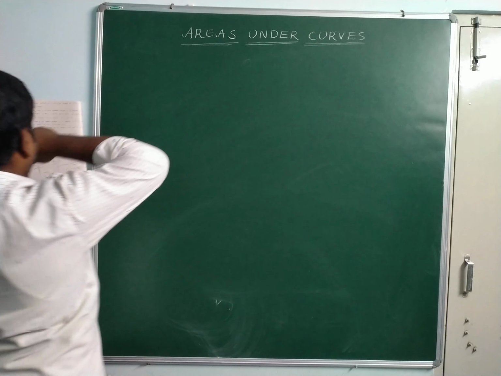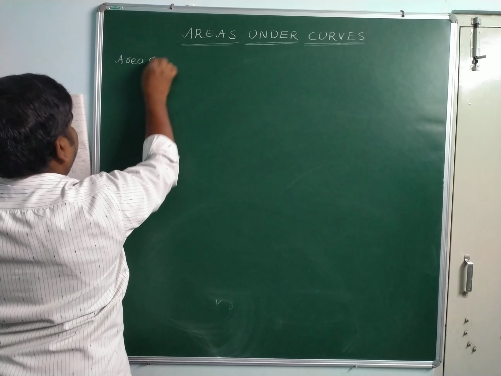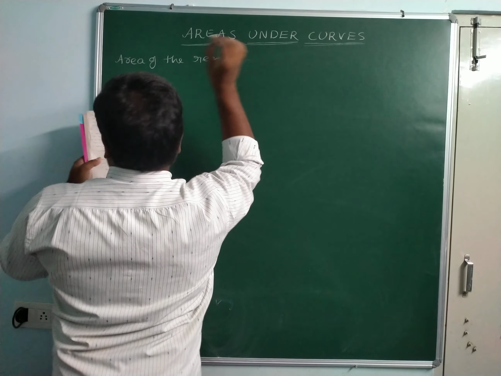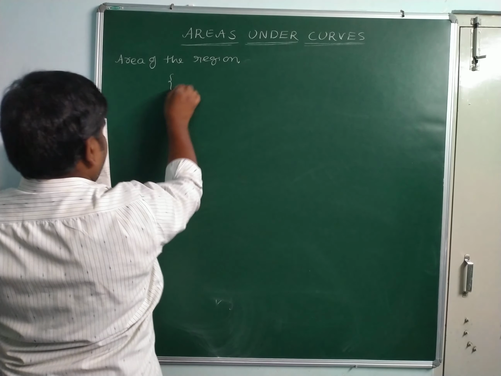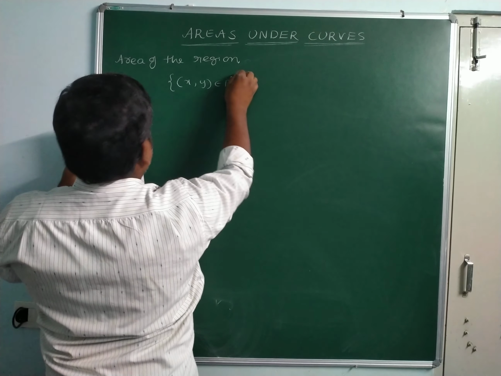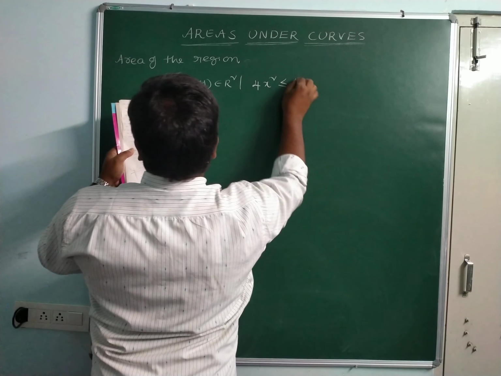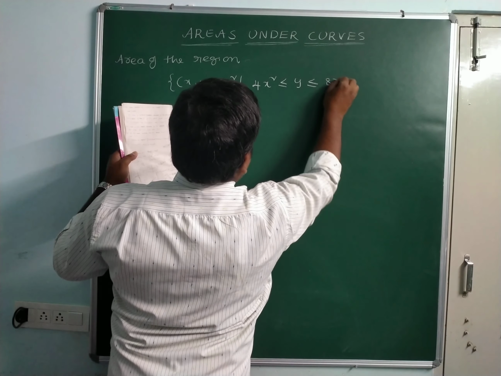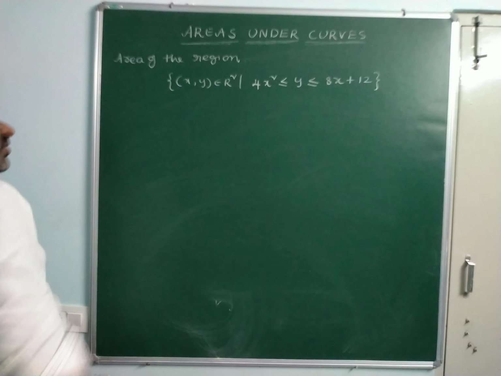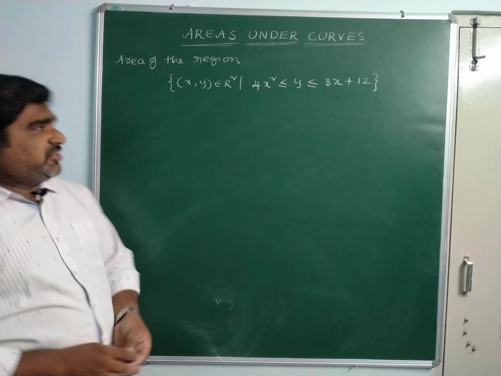You may be asked questions in mains like this: area of the region, and this type of question is asked frequently. The region is x comma y belongs to R square such that 4x square is less than or equal to y, which is less than or equal to 8x plus 12.